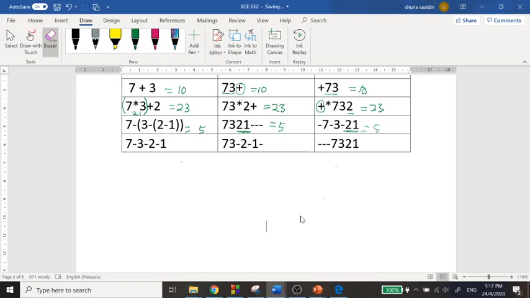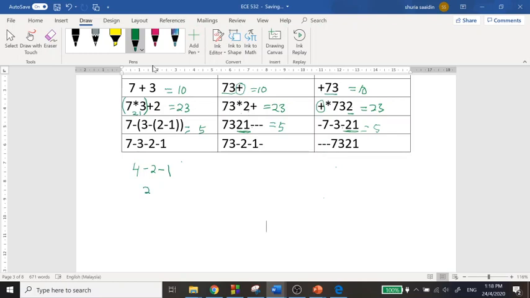Okay, what you have to do is, 7 minus 3. 7 minus 3 equals 4. And then 4 minus 2 minus 1. Okay, 4 minus 2 equals 2.